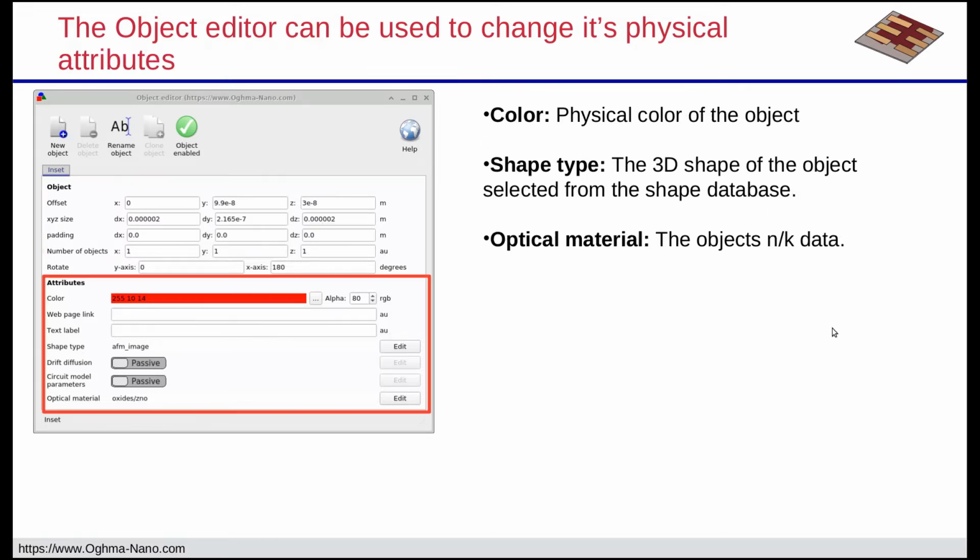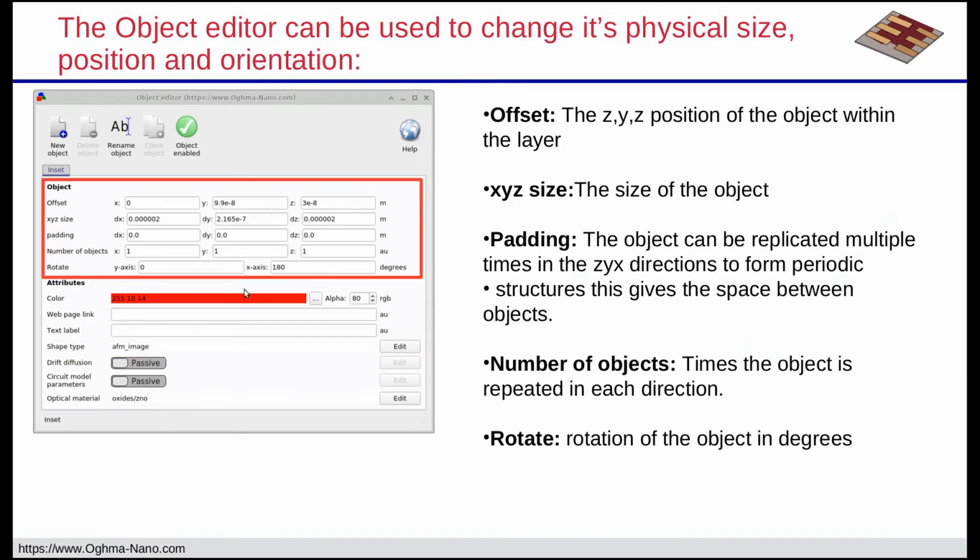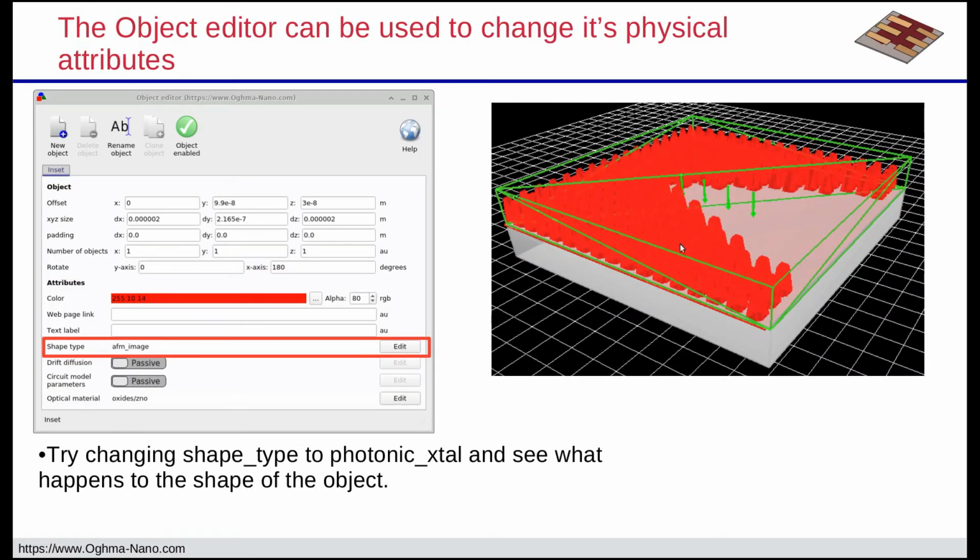Below here we've got things like the object colour, which is red, brilliant. Then we've got the object shape, which I'll talk about in a moment, and the optical material, which is zinc oxide. You edit these just by clicking here. If you go to the shape database, which I'm not going to bring up right now, and you click shape type AFM image, change this and select photonic crystal, you'll be able to change how this top layer looks from this rough surface to a photonic crystal.